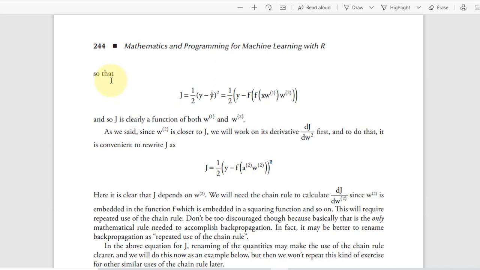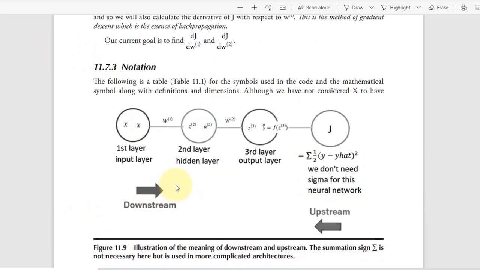Now, we just said that we want to consider the derivative of J with respect to the weight. So first thing we're going to consider is the derivative of J with respect to the weight W2. Now, we're talking about the simplest network. That is, we have one node here, one node here, and one node here. Now, I included an extra circle just to say that we also want to calculate the error, but that's not exactly part of the network.